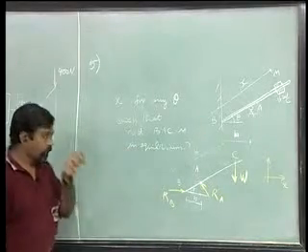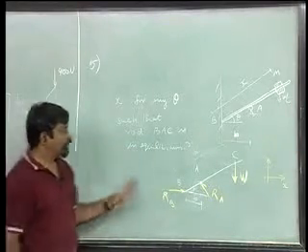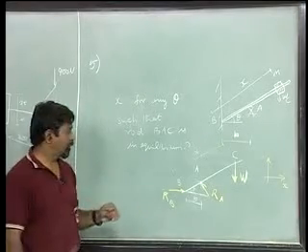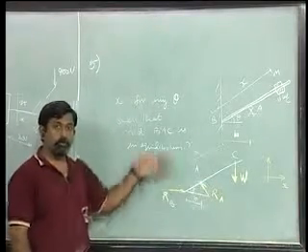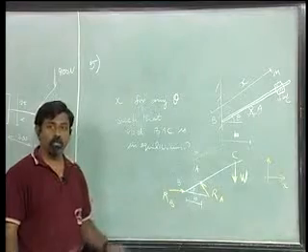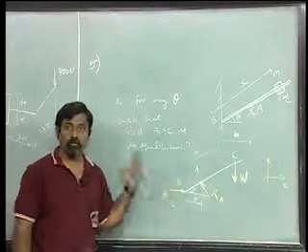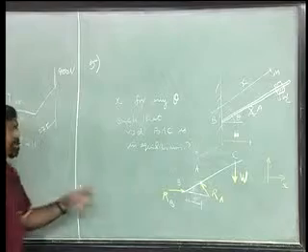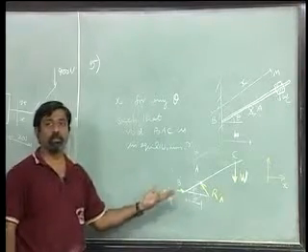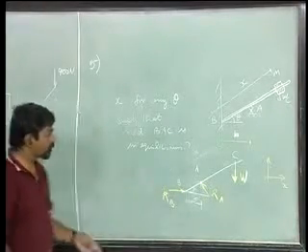which means x is also an unknown. Okay. Now it is possible to write three equations: the horizontal equilibrium, vertical equilibrium and moment equilibrium, moment about any particular point. Now the choice is an important thing to take a note of.